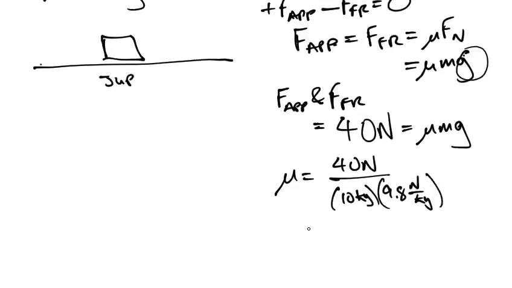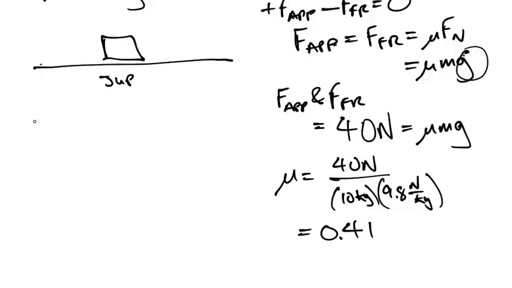Okay, so what do we get for mu? Well, let's work it out on our calculator. 40, enter, 10 divided by 9.8 divided by, and we're getting mu of 0.41, approximately.